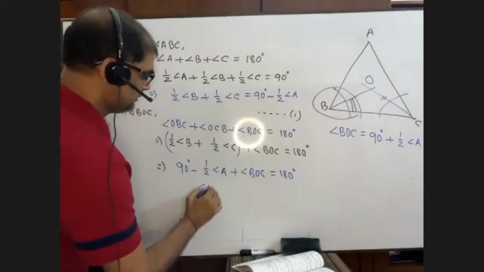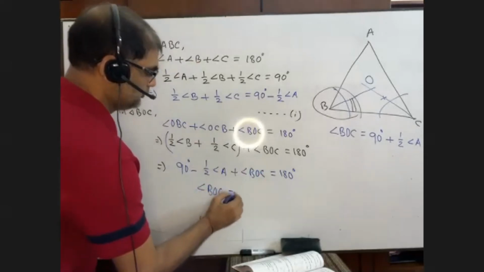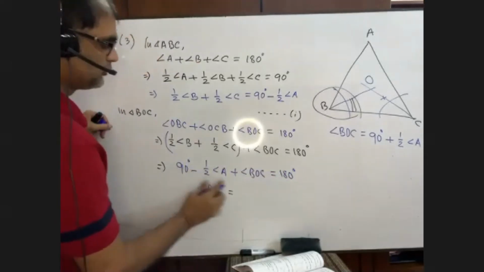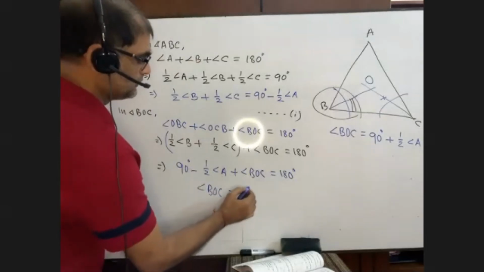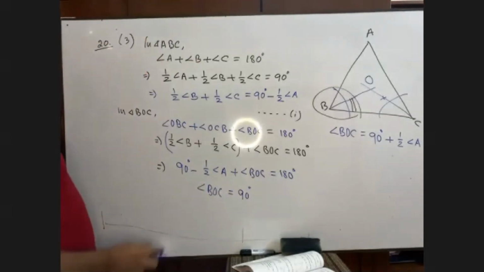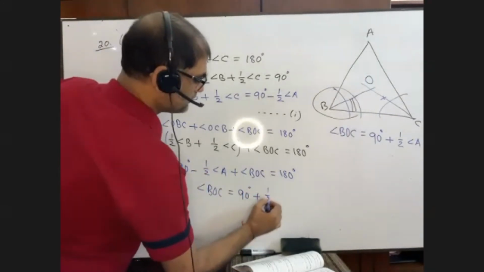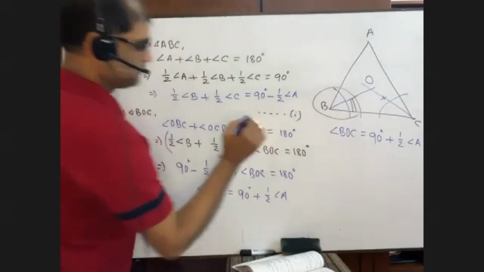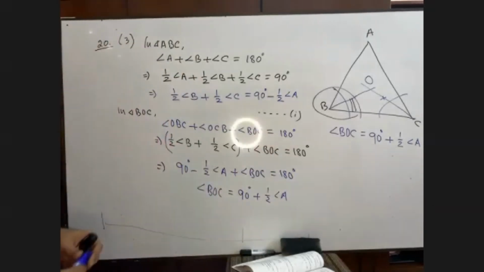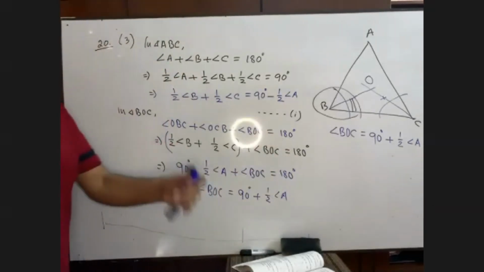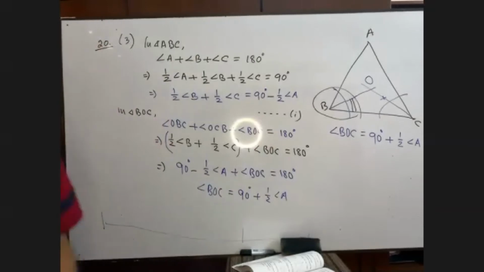That is angle BOC is equal to 180 minus 90, which is 90 degree. And minus half minus half becomes plus half. The math is done. Have you got it? Yes, sir. This will be given in the exam.